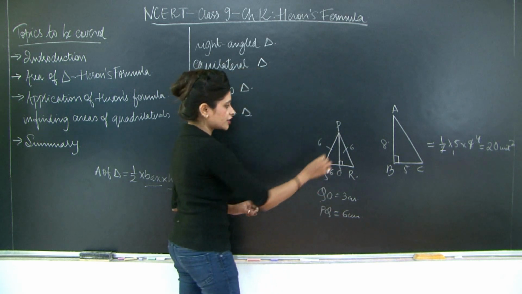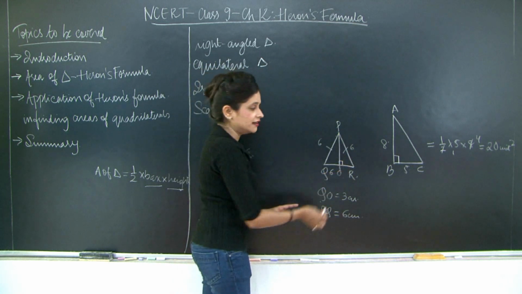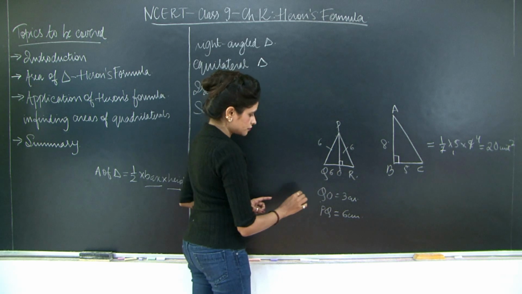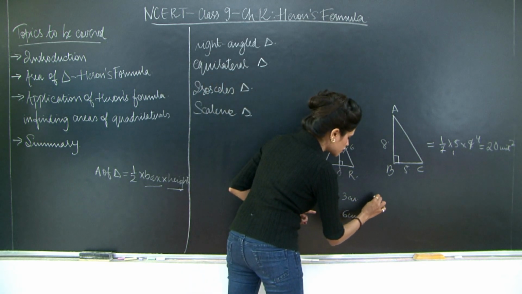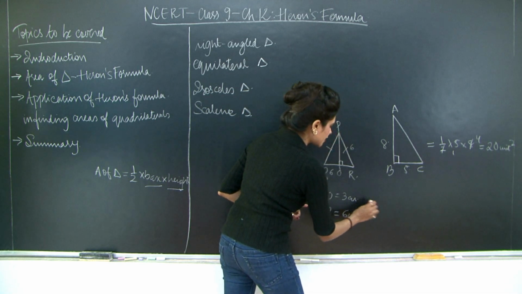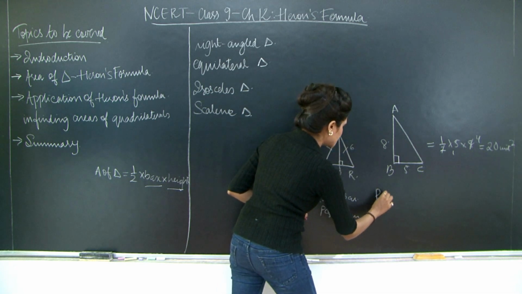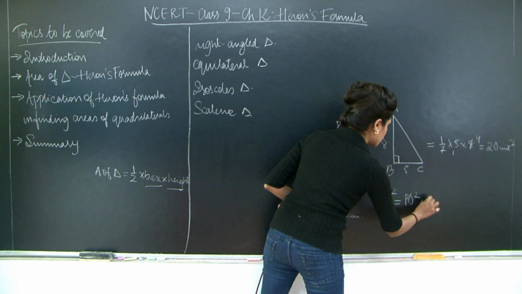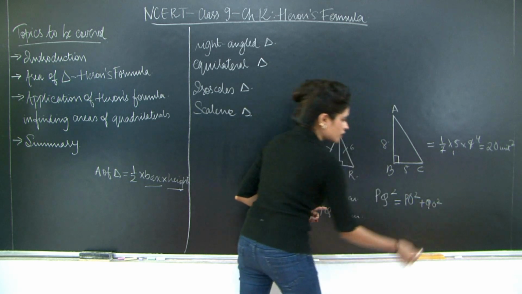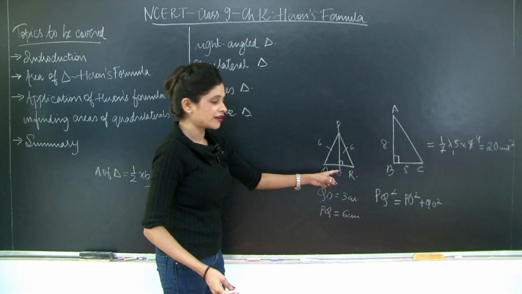Using Pythagoras theorem, you can find the side PO. So how would you find side PO? You're going to use hypotenuse formula wherein, using Pythagoras theorem, you will get PQ square is equal to PO square plus QO square, right? What do we need to find out? We need to find PO.